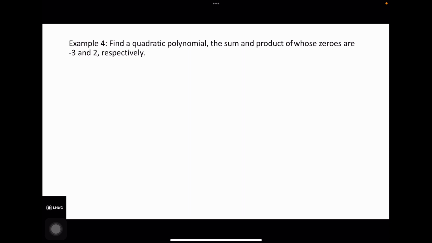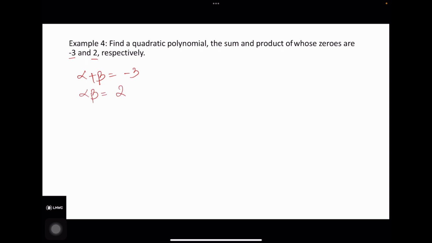So the last example, we have to find the quadratic polynomial, and we are given the sum and the product of zeros as minus 3 and 2, which means our alpha plus beta is equal to minus 3 and alpha into beta is equal to 2.